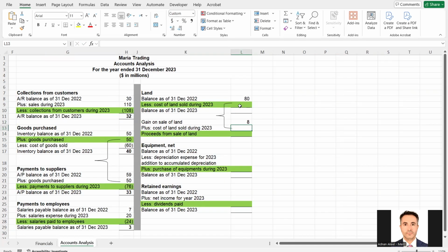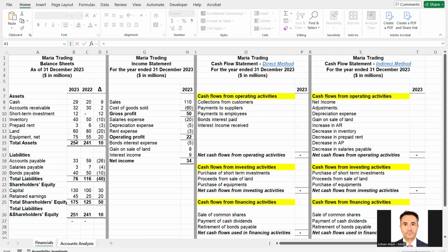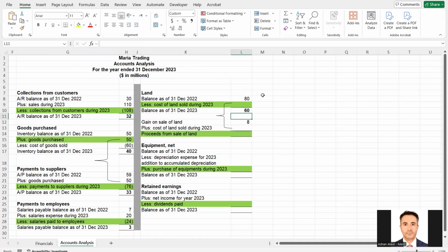No, actually, let me do the following. First, what is the ending balance for the lands? So 60. Simply, I started the year with 80 million worth of lands. The year ended with 60, meaning there was land that has a cost of 20 million that I sold.